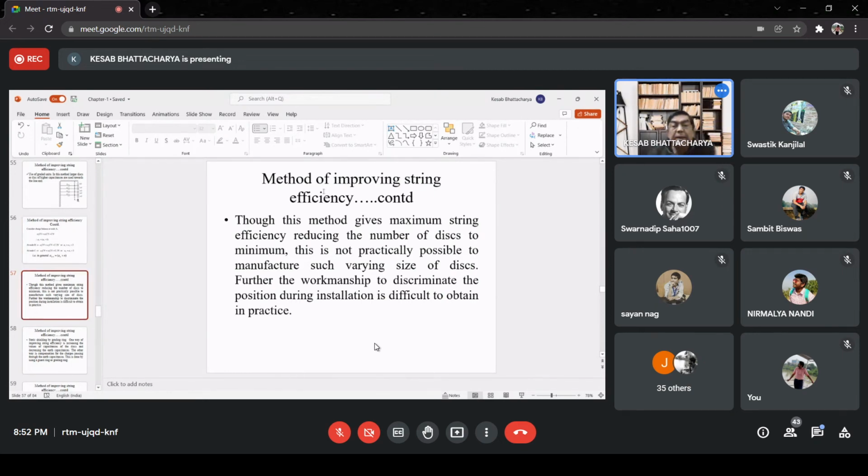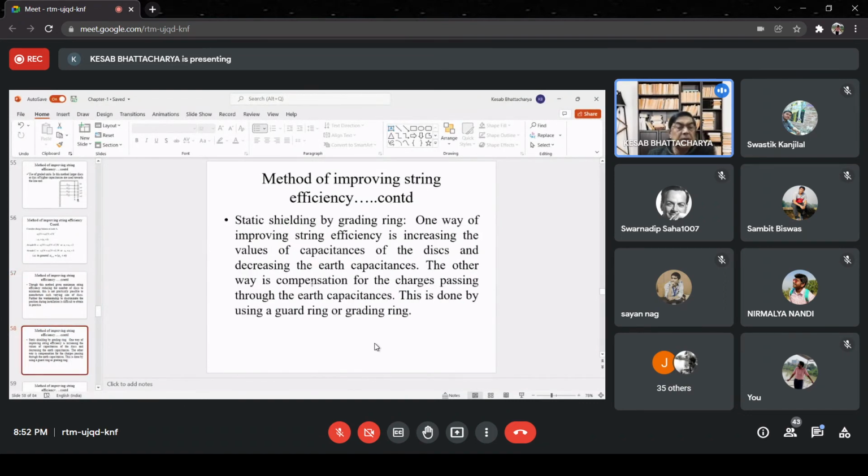Okay. Now let us discuss this method of improving string efficiency. Now here, these problem points we have already discussed. So let us now discuss this: static shielding by grading ring.